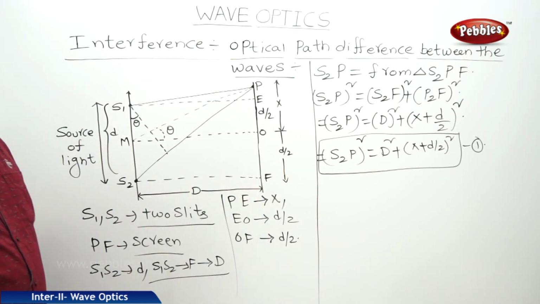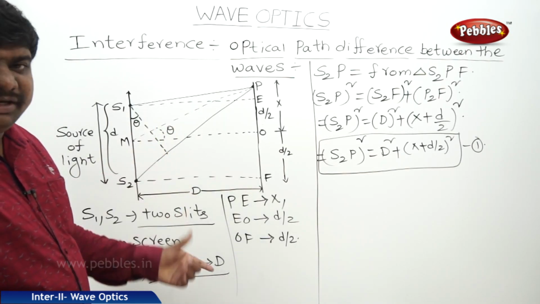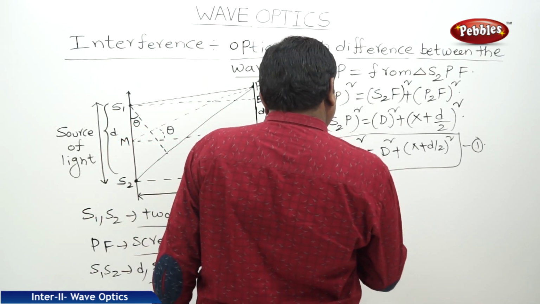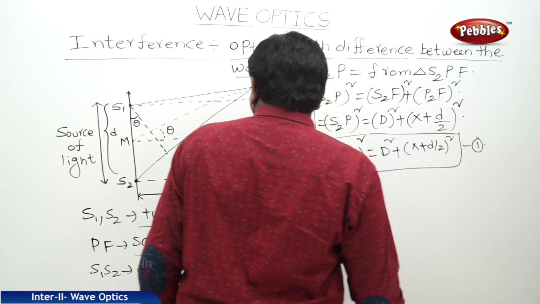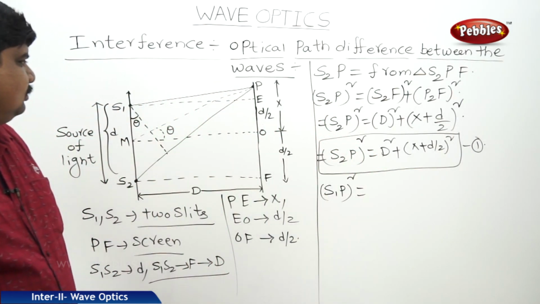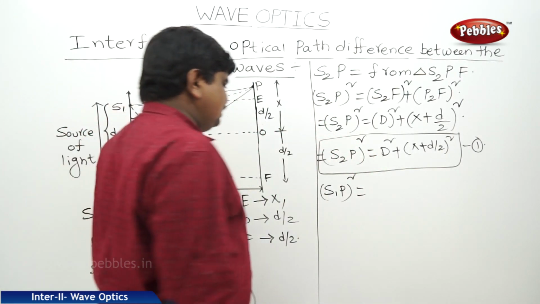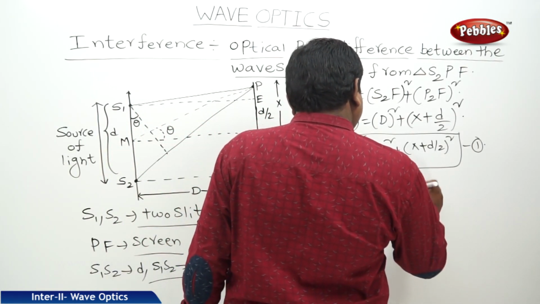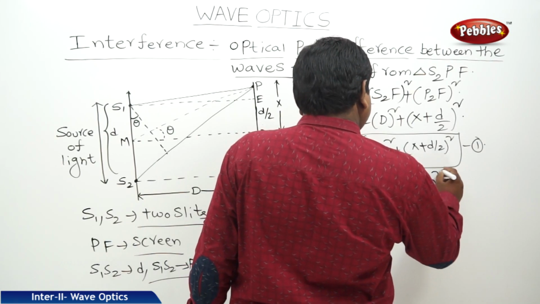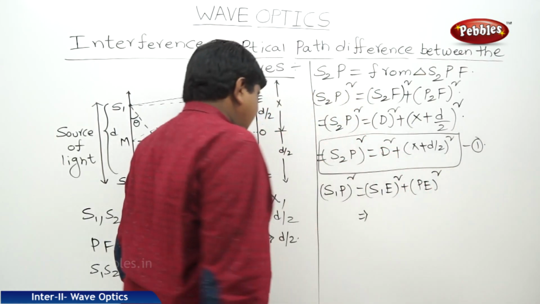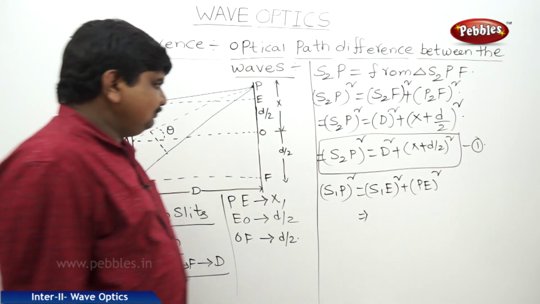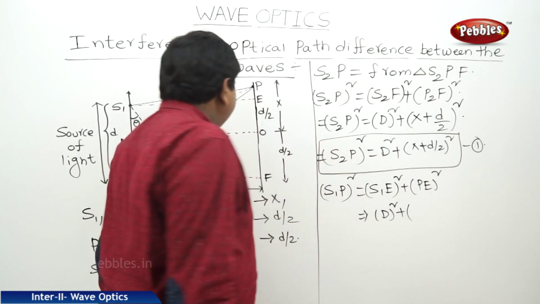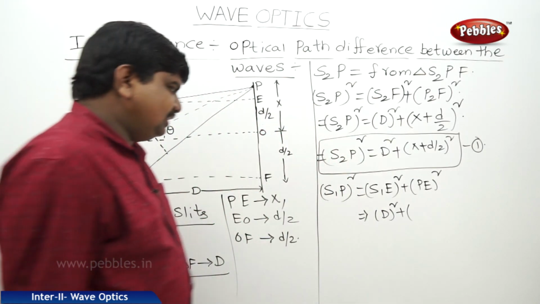Similarly for S1P, it is x minus d by 2 whole square. S1P whole square is equal to S1E square plus PE square. So S1E is capital D, and PE is x minus d by 2.